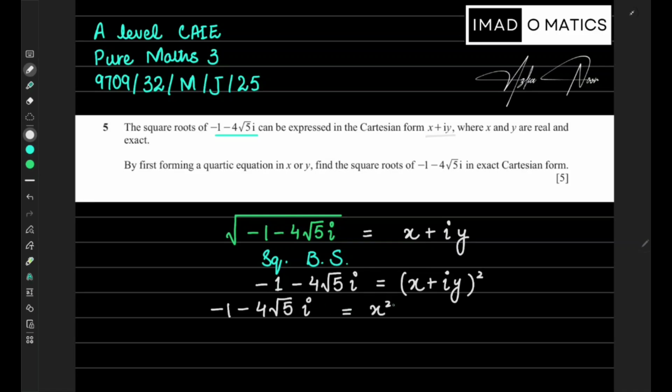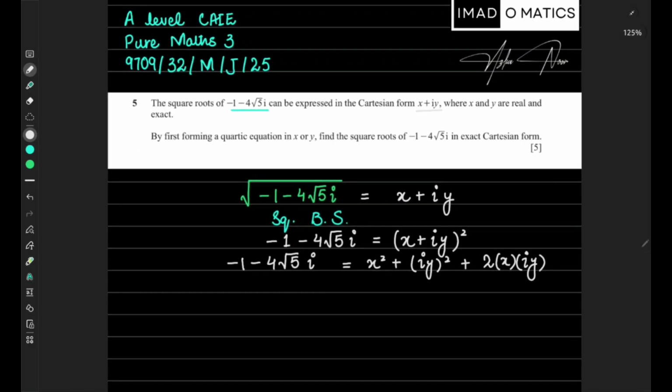Equals x square plus iota square y square plus 2x times iota y. Now it gives you x square plus iota square y square plus 2xy iota equals -1 minus 4 root 5 iota.